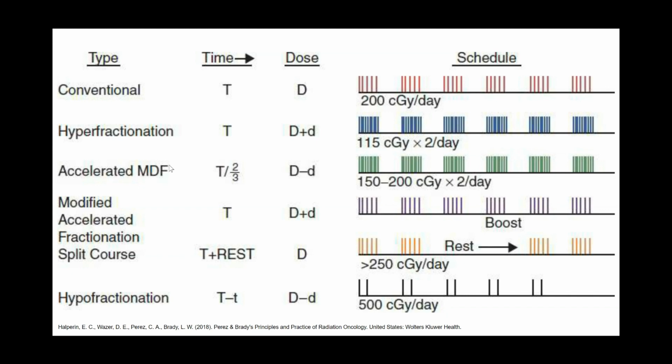Then accelerated fractionation we can have. We can have modified accelerated fractionation. We can have split course, where we treat for some time, give a break, then again treat for some time, then give a longer break. There can be hypofractionation, where we give a higher dose per day, like up to 5 gray per day. So we'll discuss all of them in detail, not in this video possibly.